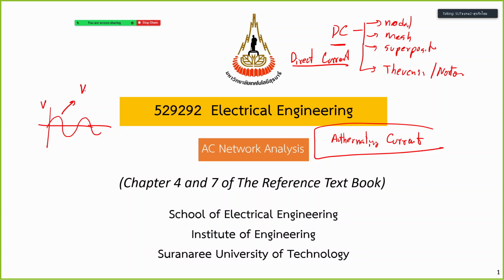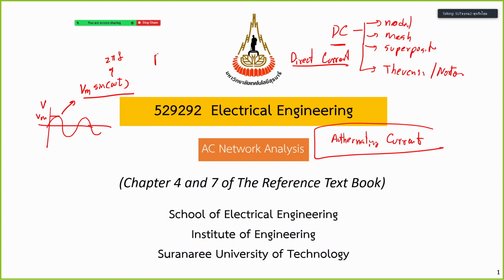It will be in terms of Vmax, Vm, into sine wave, sine omega t. Omega means 2 pi f, and this is a complex term, right? But we can solve by using the RMS value or phasor techniques.